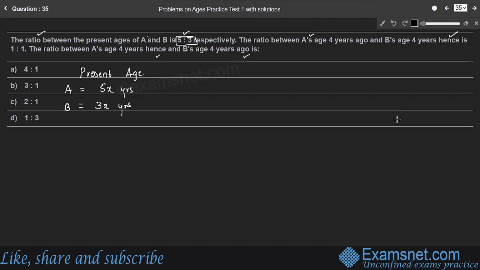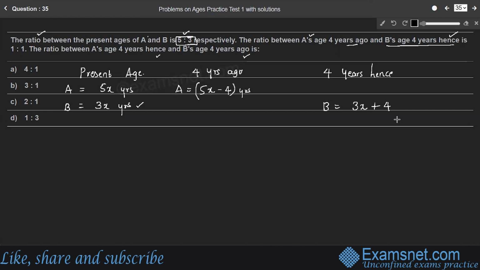So the ratio between A's age 4 years ago and B's age 4 years hence. A's age 4 years ago was 5x, A's present age minus 4 years. And for B's age 4 years hence, B's present age is 3x years plus 4 years.